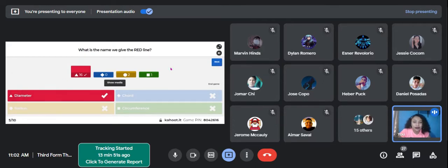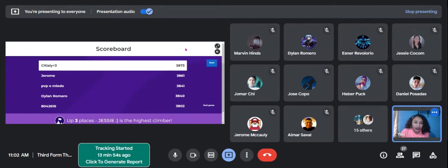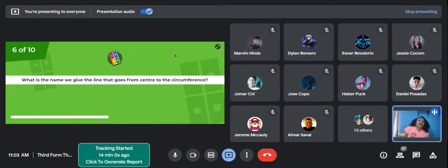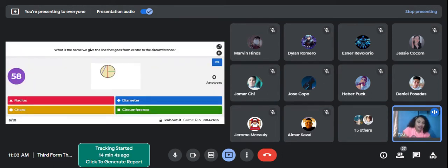Okay, very good. That was the diameter. Most of you got that correct. Number 6. What is the name given to the line that goes from the center to the circumference?